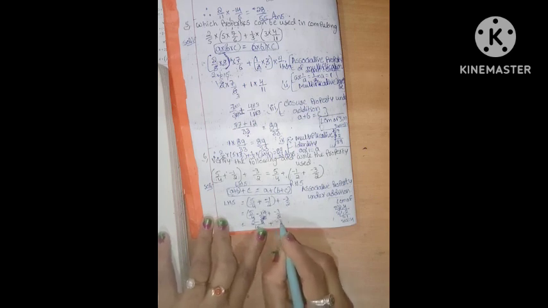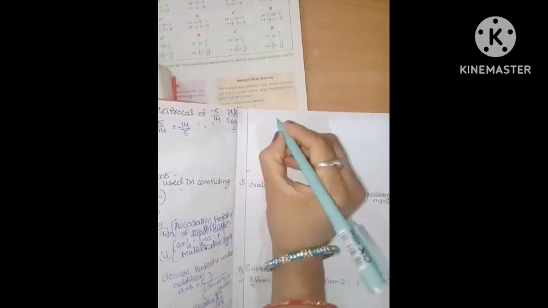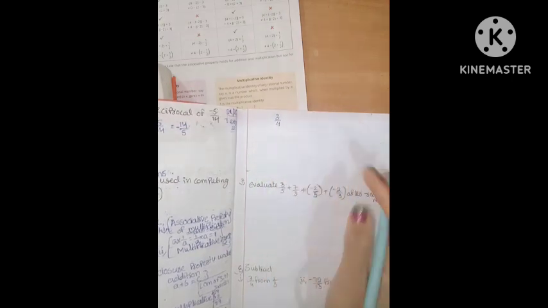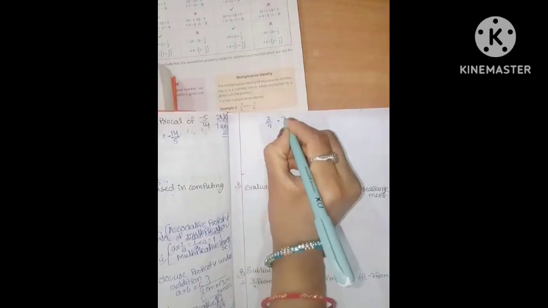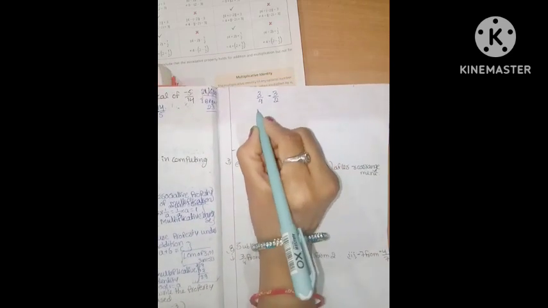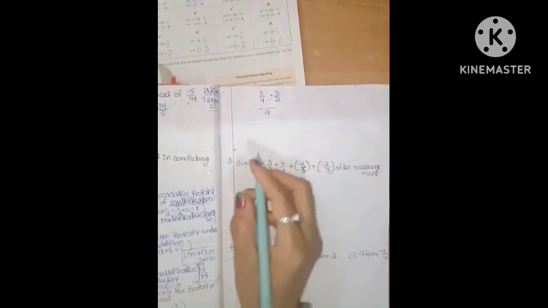Plus minus 3 by 2. Next, 5 minus 2 by 4. 5 minus 2 by 4 means 3 by 4. Here it is plus into minus, minus 1, so minus 3 by 2. Again take the LCM of these two: 2 comma 4, LCM is 4.